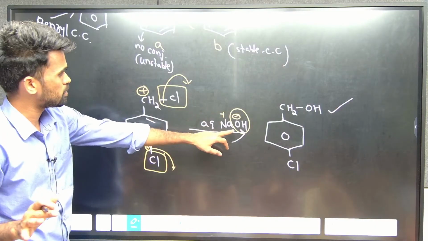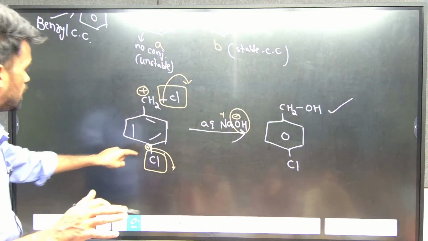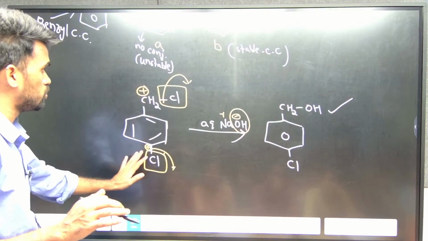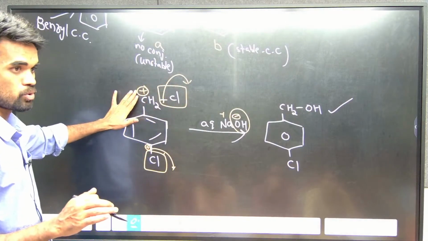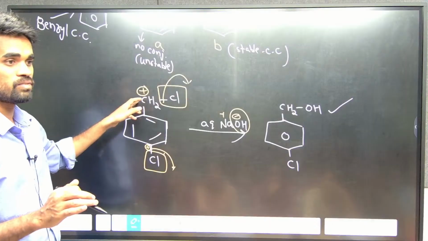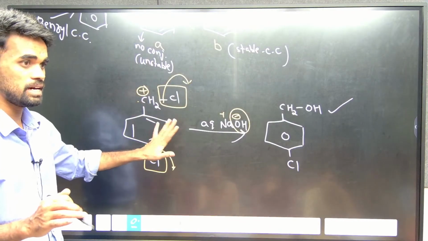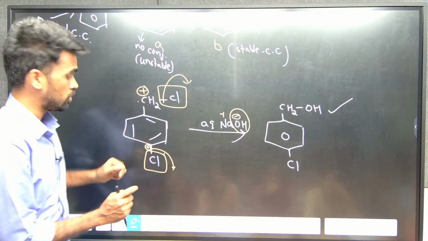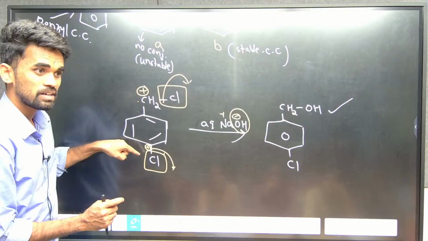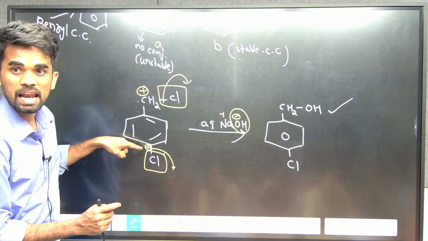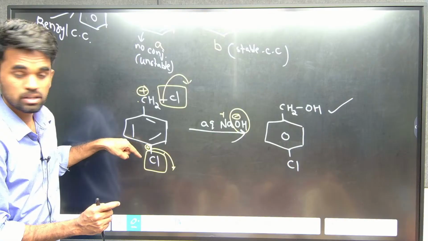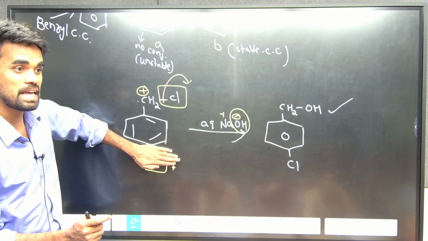OH minus is there, what are the two reactive sites? If I remove this, we get an unstable carbocation, so don't remove this. If I remove here, we get a stable carbocation, so remove this and replace it with OH. Is this clear? Okay. Now what are the two names I told you? This type of linkage is phenyl halides, aryl halides. This one is benzyl halides.